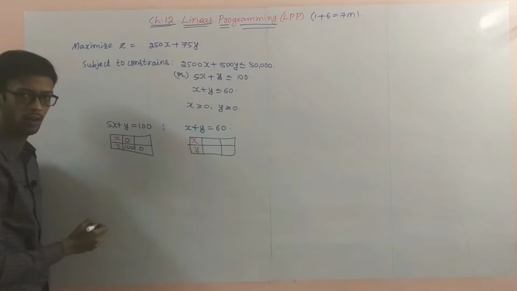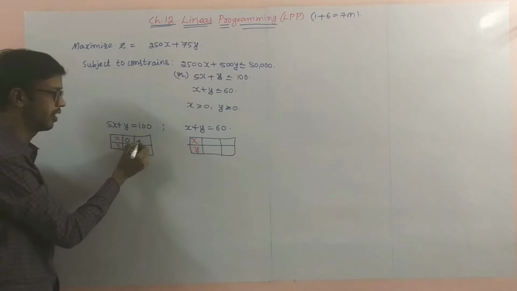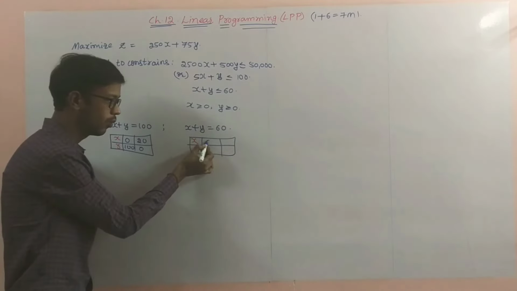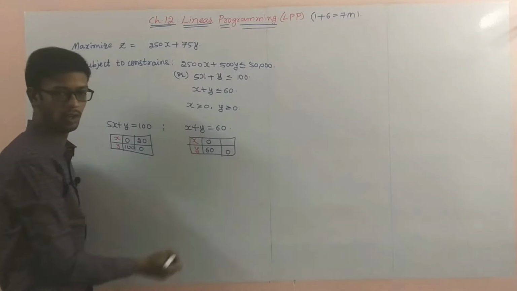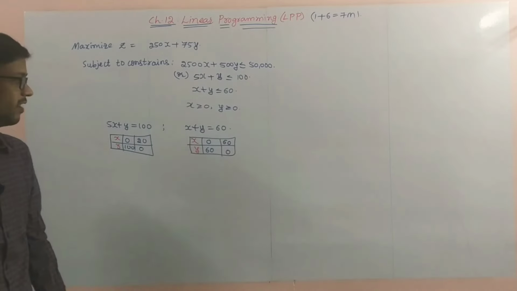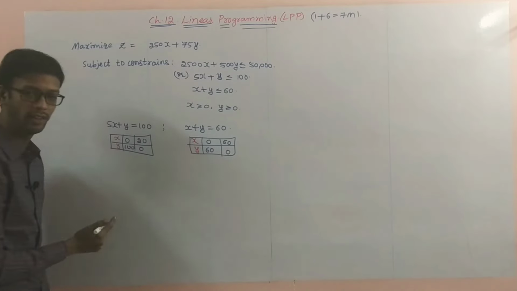Y equal to 0, 5x equal to 100, that is nothing but x equal to 20. Next, x equal to 0, y equal to 60. Substituting y equal to 0, you will get x equal to 60.